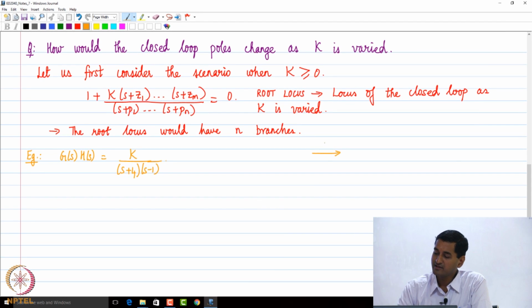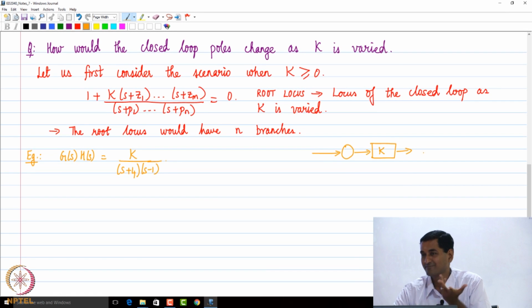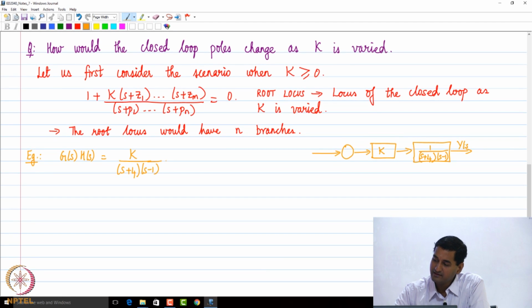Let us say I have a negative feedback system where the controller is a proportional controller, with proportional gain K. Let the plant transfer function be 1 divided by (s plus 4) times (s minus 1), and suppose I have unity feedback, so H(s) is 1.